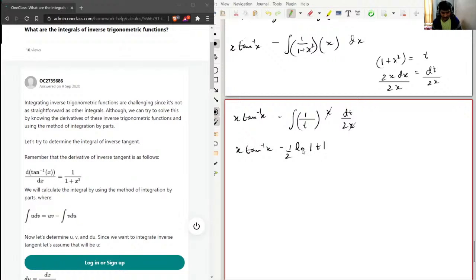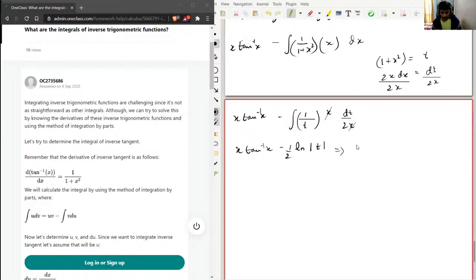Remember to always write this as ln, not as log, because people can get confused, and if the base of the log is not mentioned, then it is usually taken as log base 10, and that is not true. So I'll always suggest you write ln, and write a magnitude. So write this term which is inside in magnitude, not in brackets, because the correct form is to write this in magnitudes. And now I'm going to substitute the value of t back in this.